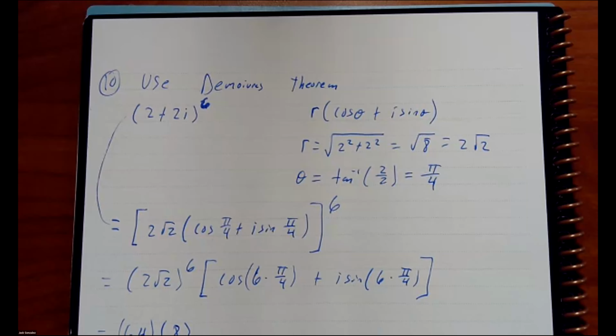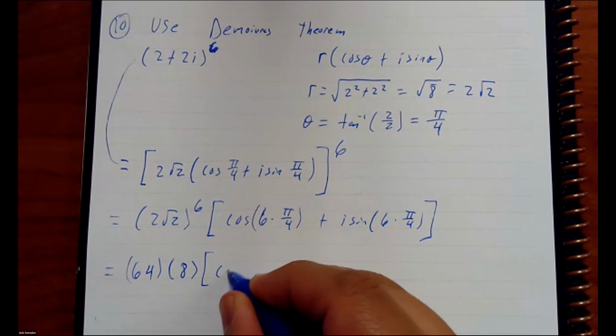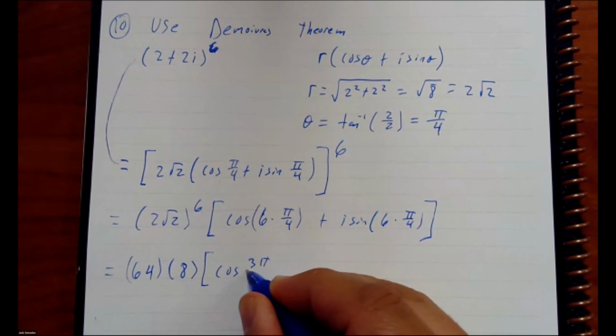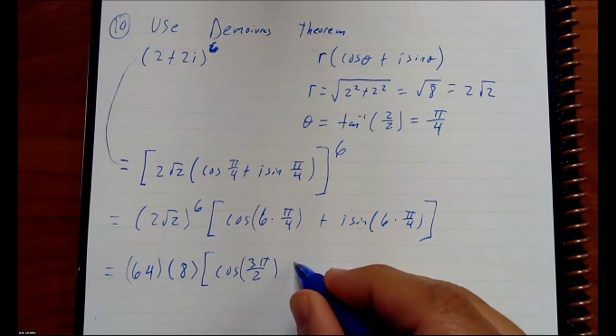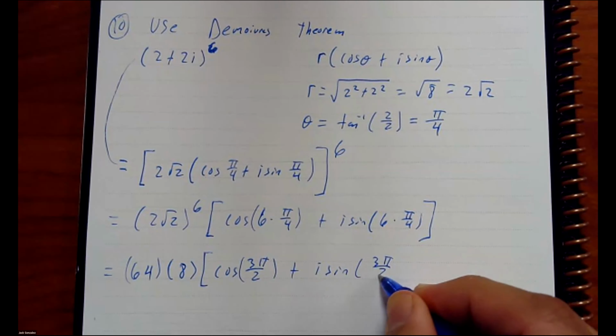Times cosine of 3 pi over 2 plus i sine of 3 pi over 2.